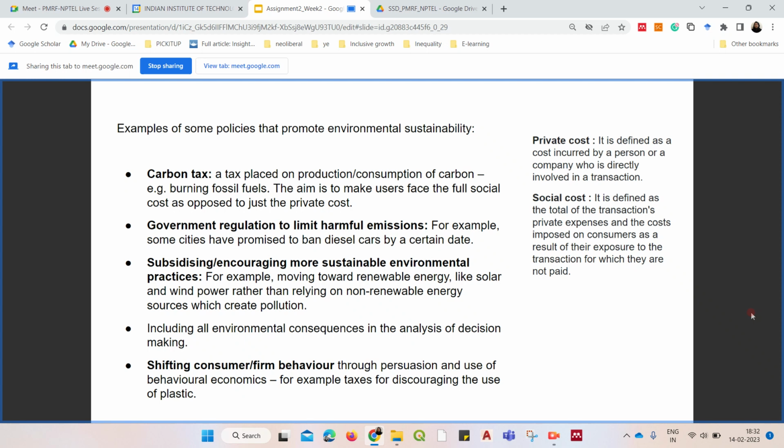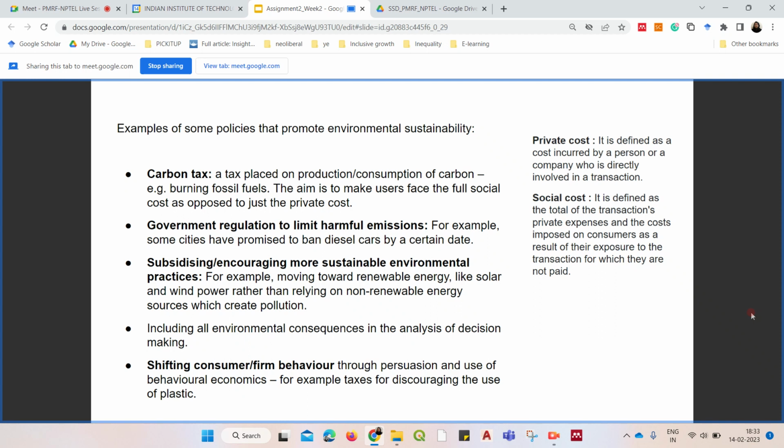Then there are things like subsidies or encouraging more sustainable environmental practices. For example, subsidies or tax benefits can be provided if an individual or a community is trying to move towards renewable energy like solar and wind power, compared to if they are relying on non-renewable sources.